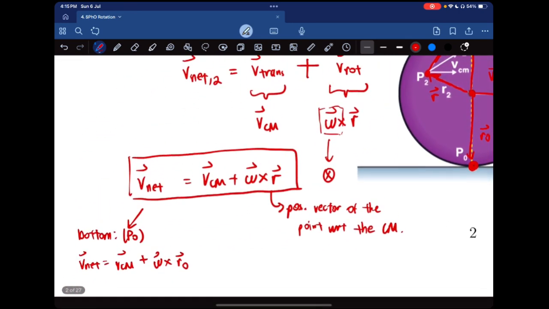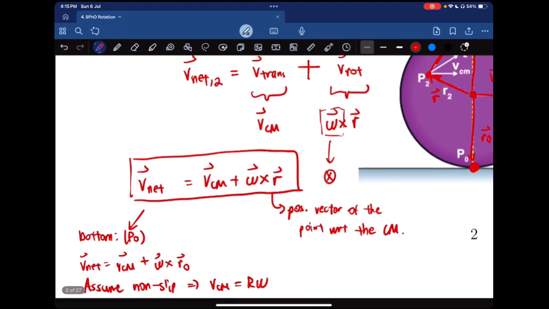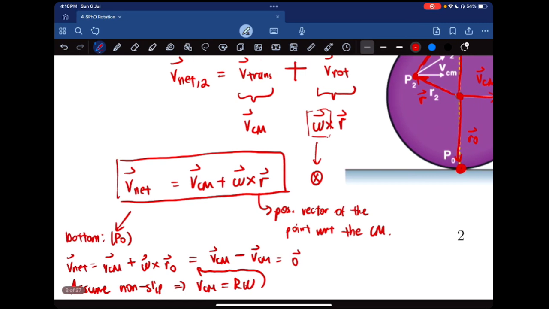So assuming this ball is not slipping, then you can write VCM equals R omega, right? If you evaluate this here, you will get that this is just VCM minus VCM. And this will be 0, which implies that P naught is stationary.